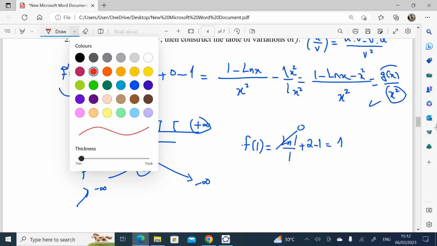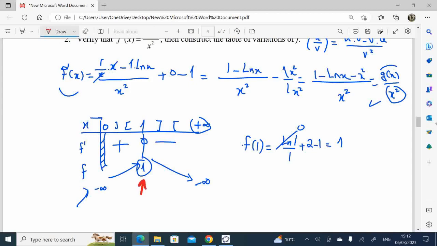Then it goes up to the maximum point, and goes down to minus infinity. As we proved before, we have an oblique asymptote here, y equal minus x plus 2. So our function will go to minus infinity along the oblique asymptote.